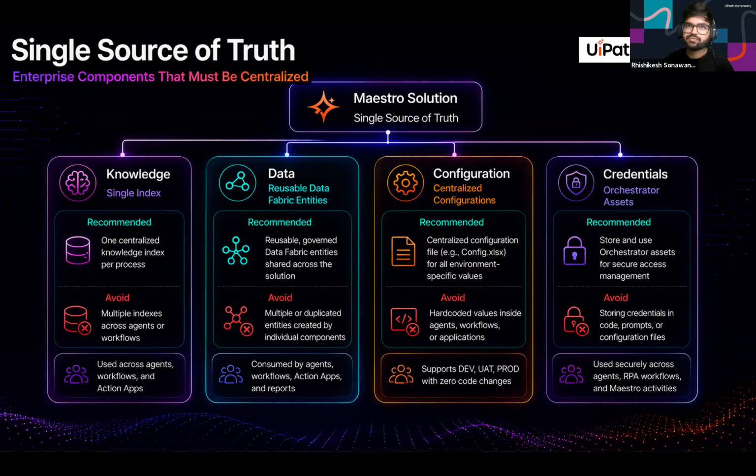Let's take an example. Say we are working on a mortgage or loan application, and we have three different agents: a document agent, a validation agent, and a decision agent. If we give each a different index, then all of them have different knowledge sources, which can lead to hallucination or inconsistent behavior.